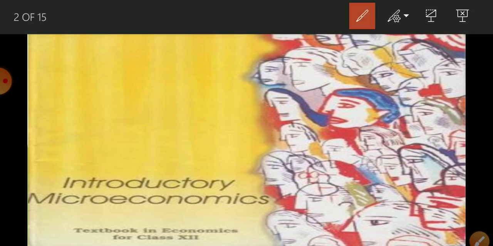When you are studying the subject economics in class 11th, the subject economics is divided into two parts.